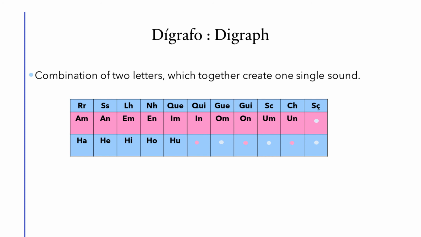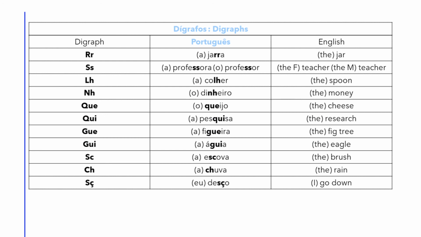Perfect! Now I have split the digraphs into 3 separate tables starting with the first row as I couldn't fit all of them into one table. And again, I am going through one by one, showing you an example for each with its English translation. Okay, let's start with the first column, the digraph.